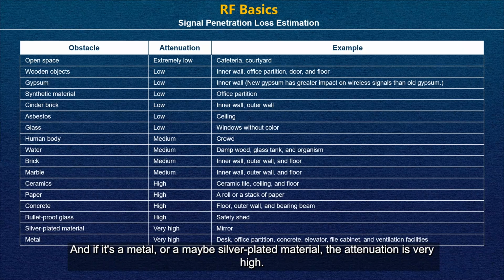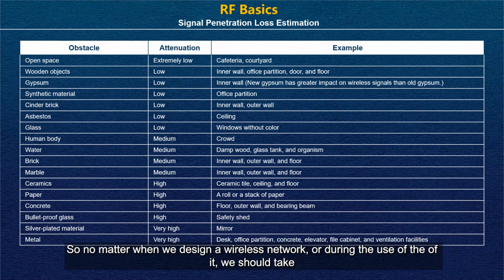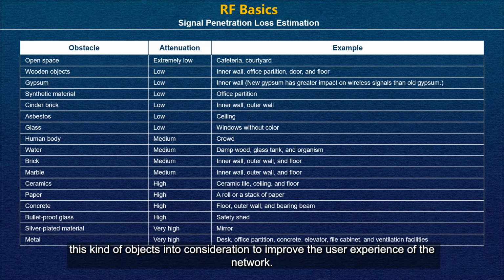And if it's a metal or silver plated material, the attenuation is very high. So no matter when we design a wireless network or during the use of it, we should take this kind of objects into consideration to improve the user experience of the network.